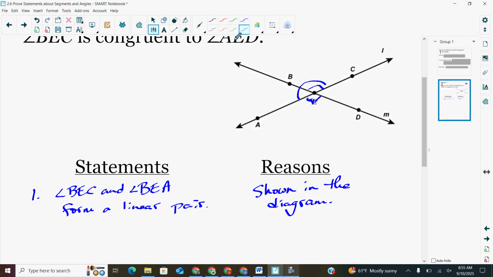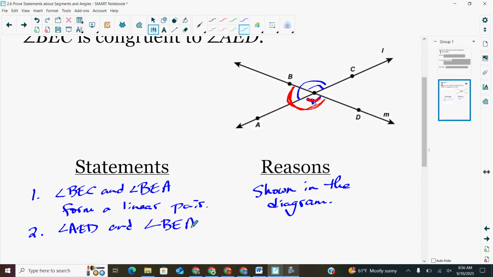And we're also looking for something about AED. AED is this angle here. And we should probably try to use this same angle over here, the one we used on the previous one. So notice that right there is also a linear pair, right? So for my second statement, I'm going to state angle AED, and I'm going to list it in the same order that it's given up here, AED and angle, this angle right here, which is AEB, but again, I'm going to list it in the same order that I've already stated previously, BEA.